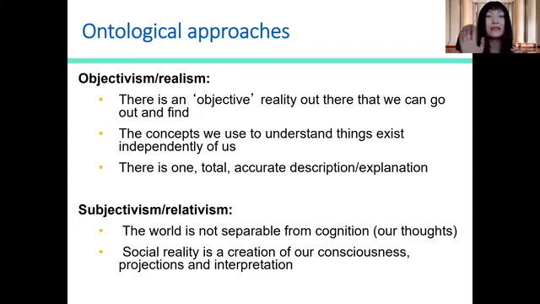From the word itself, I think you can probably already guess what they represent. So objectivism is about an objective reality. People who believe in objectivism would believe that the reality is objective. So no matter who is studying the same thing, they should observe the same objective reality.